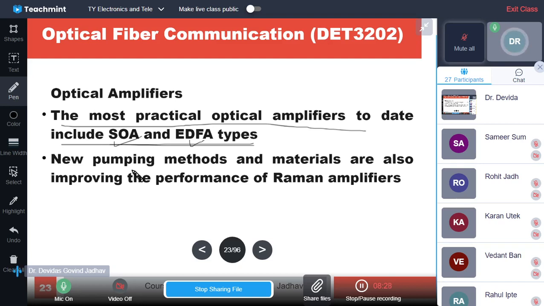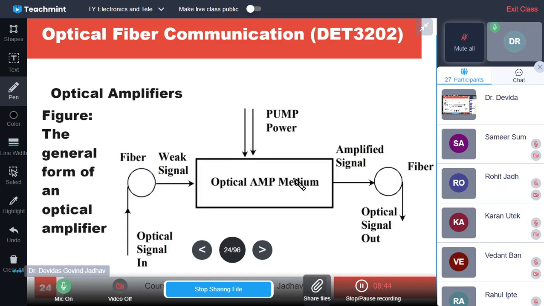New pumping methods and materials are also improving the performance of the Raman amplifier. So the Raman amplifier is also under research and growth. SOA, EDFA and Raman amplifiers are for the trunk network, but for other applications like channel selection, filtering, etc., the Boolean amplifier is also there.